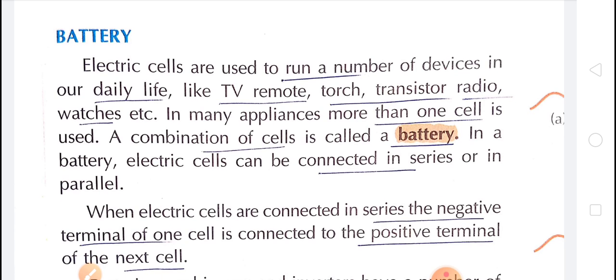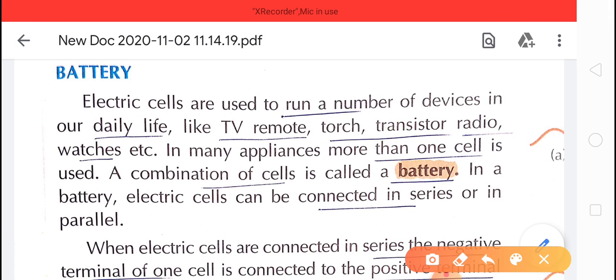Children, next is detail about battery. So battery, as I told you, is the combination of two or more cells. Electric cells are used to run a number of devices in our daily life like TV remote, torch, transistor, watches.